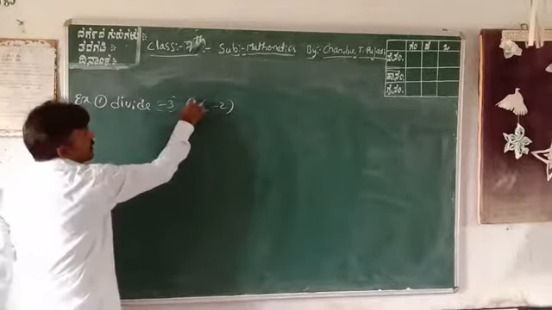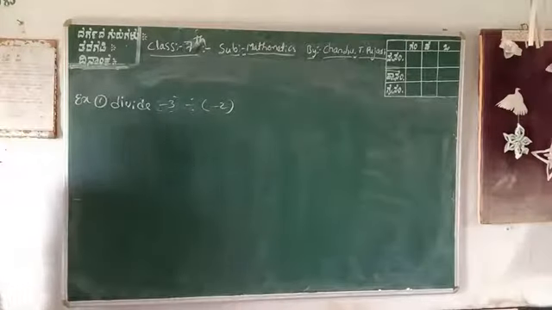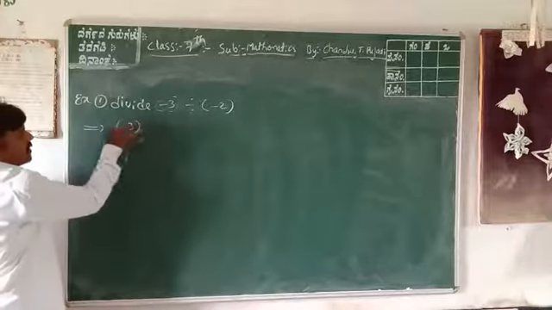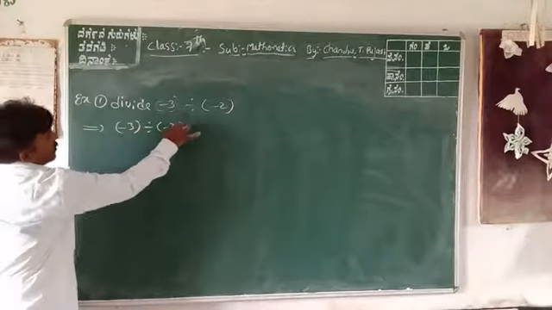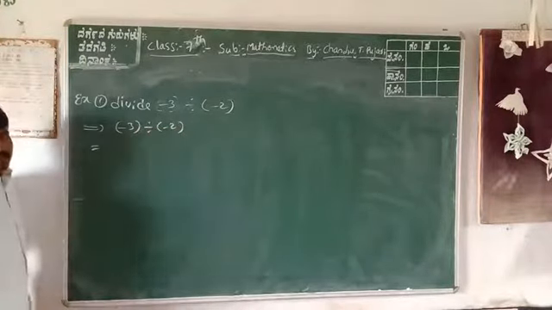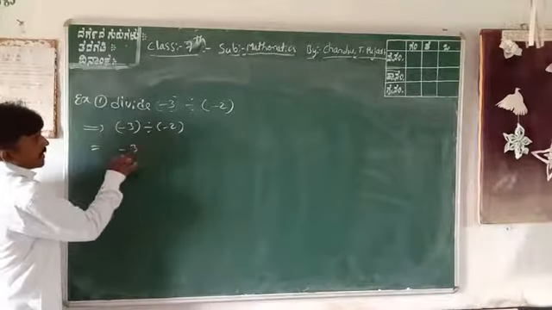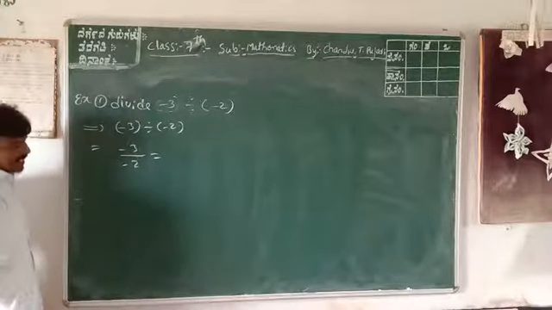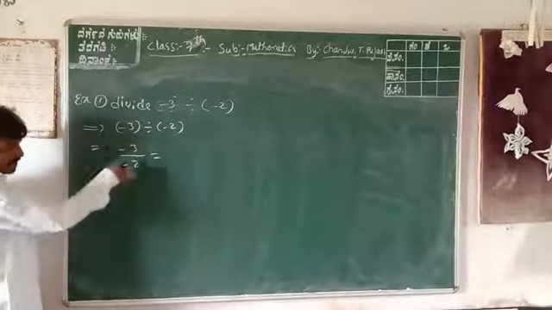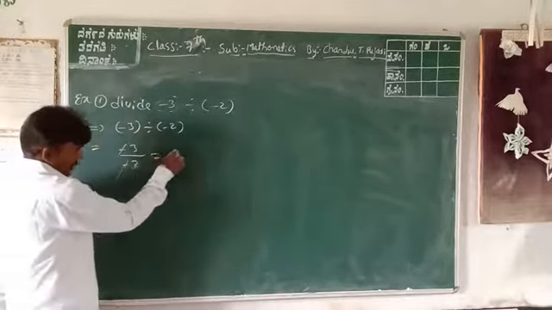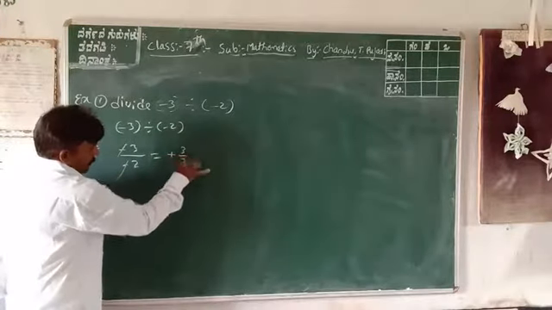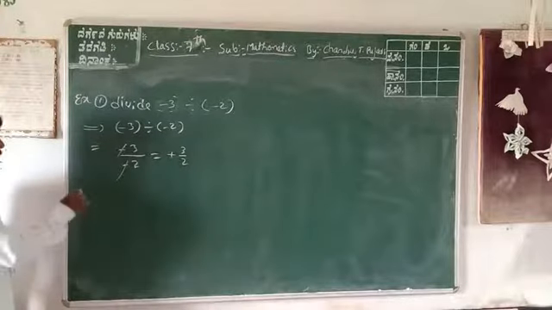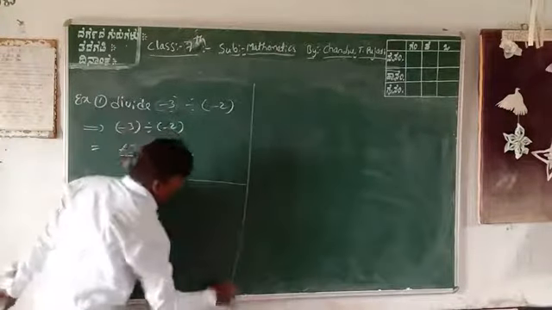The solution: you can write it in fraction method, minus 3 divided by minus 2. Our rule says the minus signs cancel, so it is plus. The answer is plus 3 by 2.